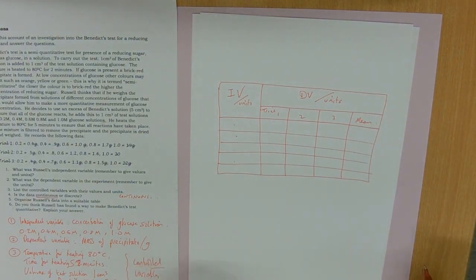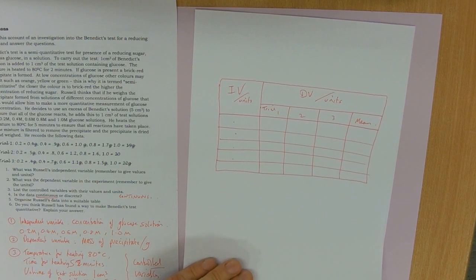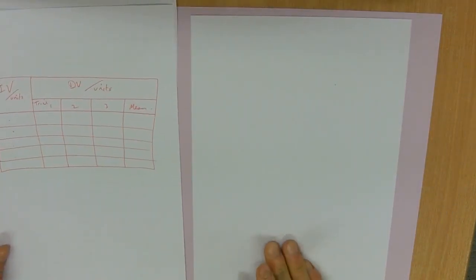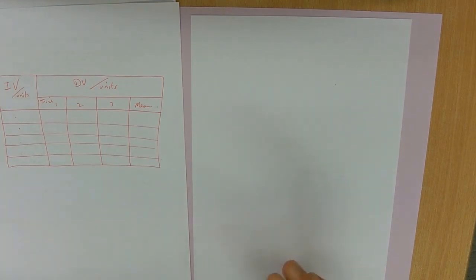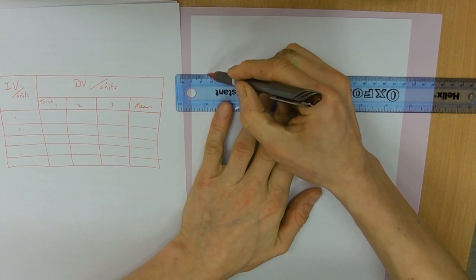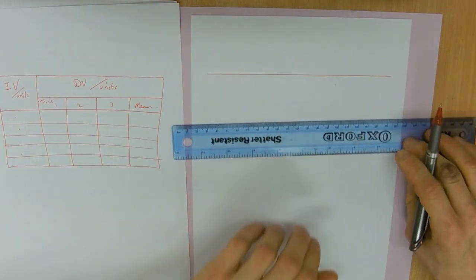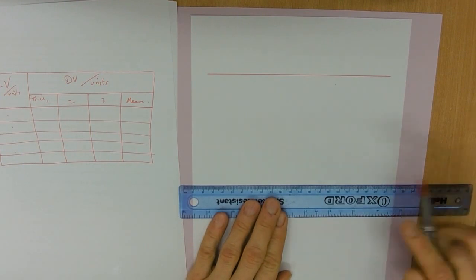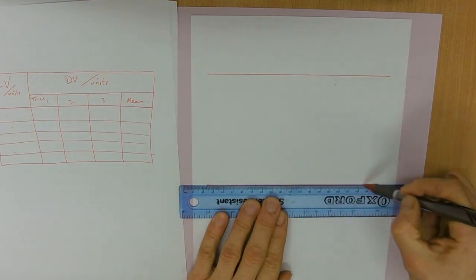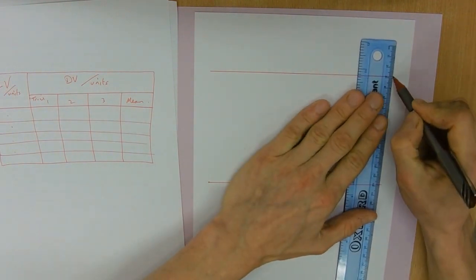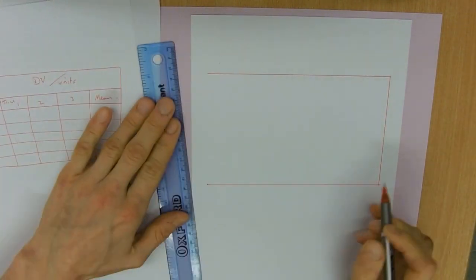Okay, so that's the style that we're going to do it in, and I'm just going to do the same thing but make it look a bit neater. So I'm just going to do it with the ruler. You don't have to measure the table, but if you're doing it with nice straight lines, it just makes it clearer to read.